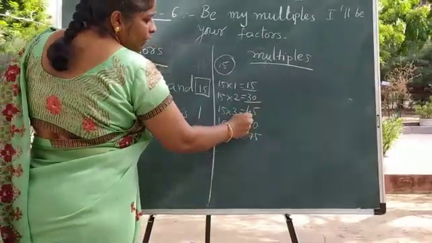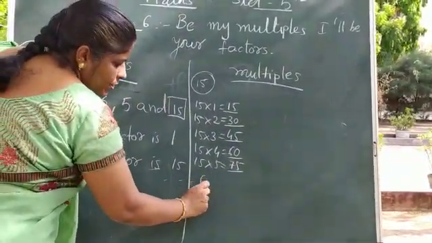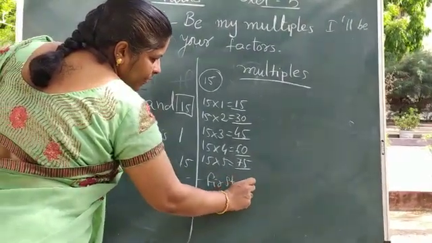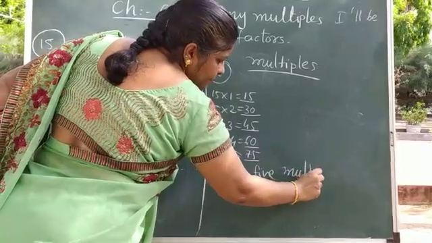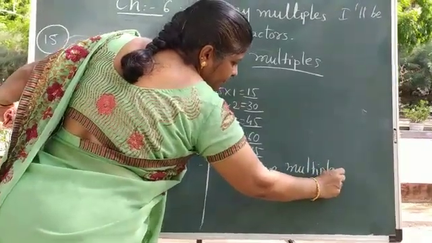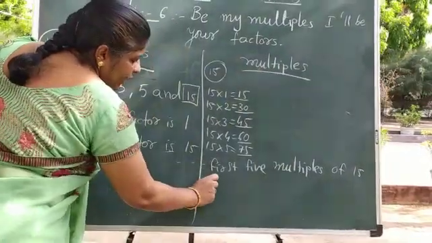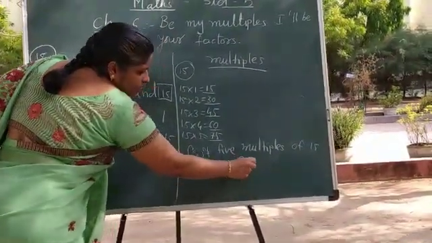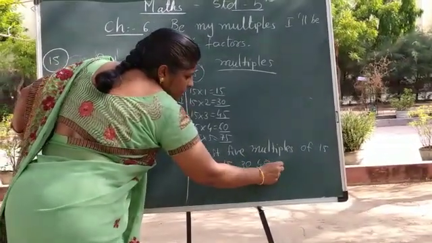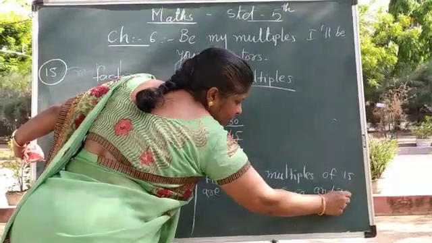The first 5 multiples of 15 are 15, 30, 45, 60 and 75.